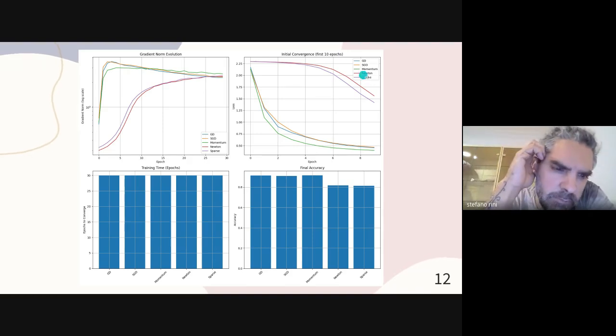And then on the bottom you have the training time. What is the bottom plot? This is the final accuracy. Can you tell me about the two bottom plots? One is the training time, in the number of epochs, right? And then the accuracy.